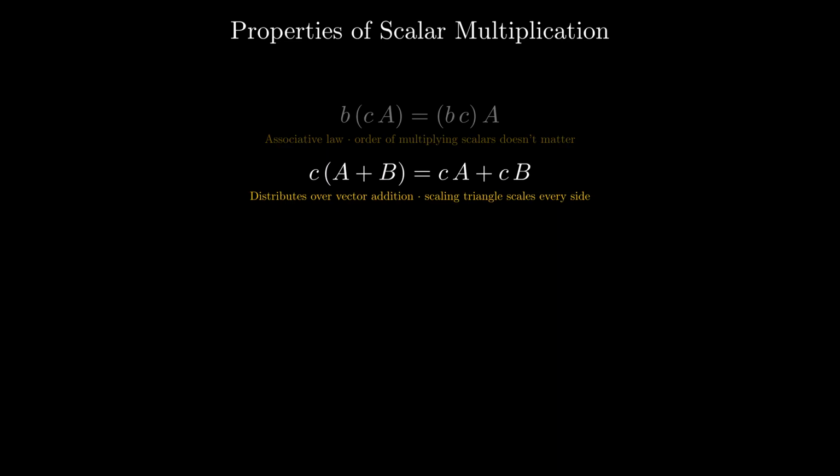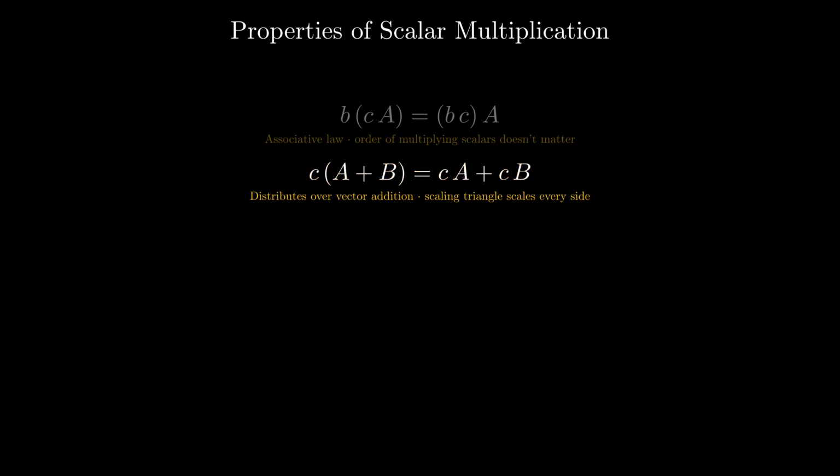Scalar multiplication satisfies four properties of its own. First, an associative law. For real numbers b and c, b times the quantity c times A equals the product b times c, times A. The order of multiplying the numbers doesn't matter. Second, a distributive law over vector addition. c times the quantity A plus B equals cA plus cB.